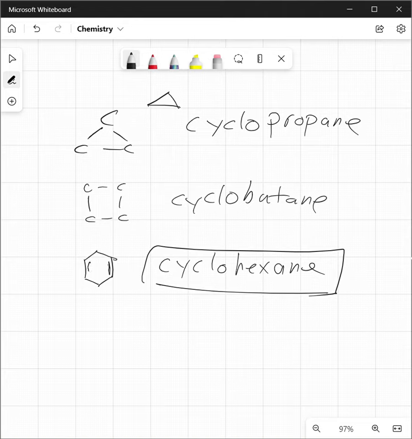But if we add a second double bond here, we'll call the carbons 1, 2, 3, 4, 5, 6. So that would be 1,4-cyclohexadiene. Excellent.